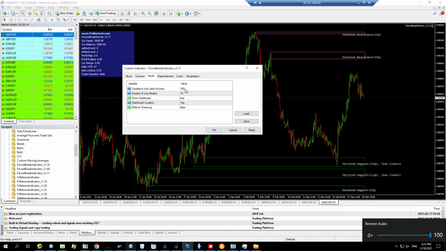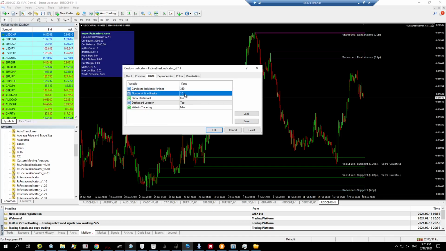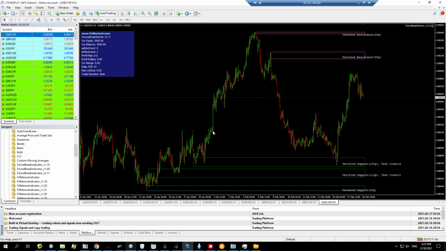Okay, now I'm gonna have it go back at 350, and then 3 lines. No show dashboard. Yes, you'll have it up here, but actually we'll turn it off because I already have a dashboard location, and so that's off. And so we'll just go here, and now what we have is we have our template.